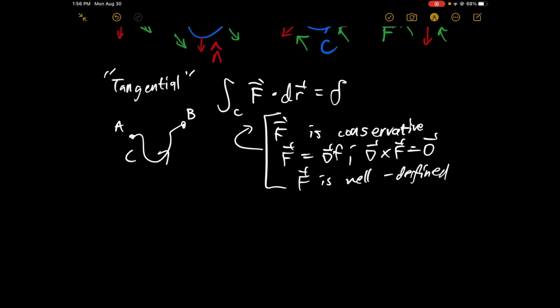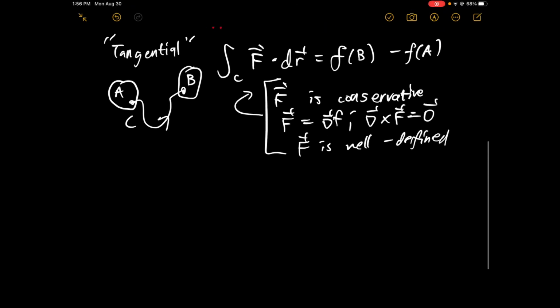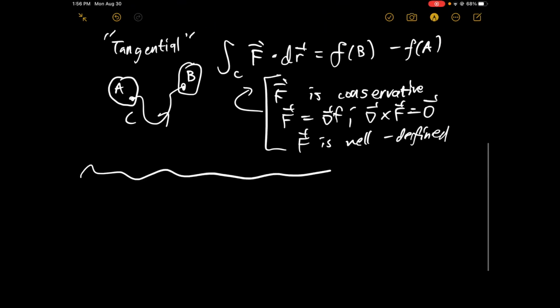It yields the value of f at B minus the value of f at A, showing us that the value only depends on the endpoints and nothing in between, which is kind of nice. All right, so that's the first fundamental theorem, and this is definitely well covered in many textbooks.